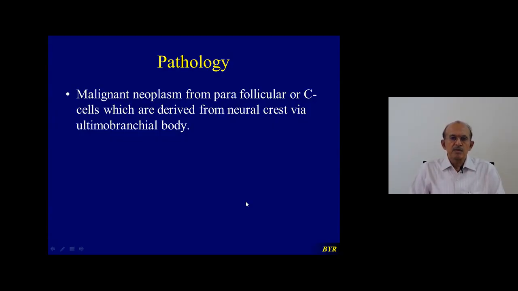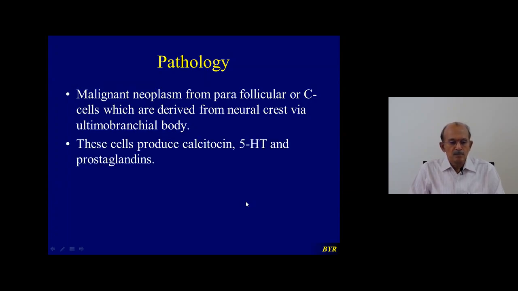What is the function of C cells of the thyroid gland? Yes, they secrete calcitonin. That is why here also the cells produce calcitonin, 5-hydroxytryptamine, and also prostaglandins.